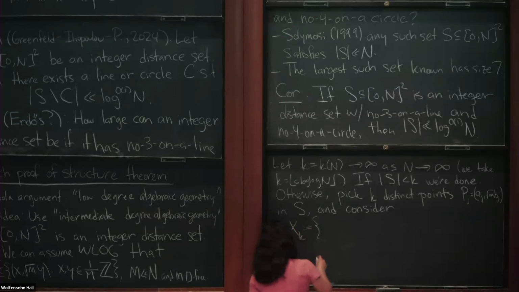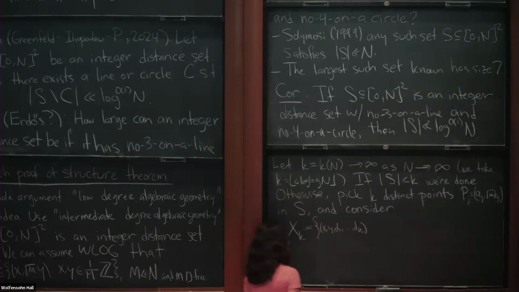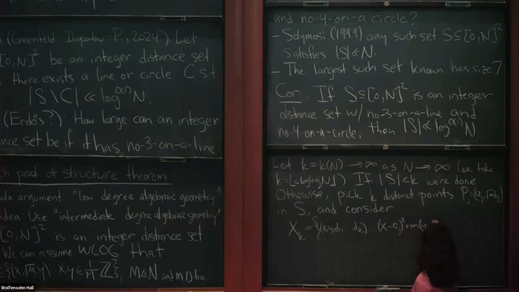It'll be the set of points (x, y, d_1, ..., d_K) in C^(K+2), such that (x minus a_j) squared plus M times (y minus b_j) squared equals d_j squared for all j from 1 to K.